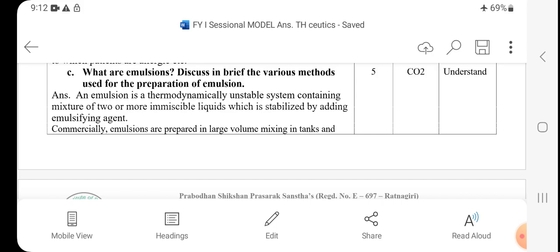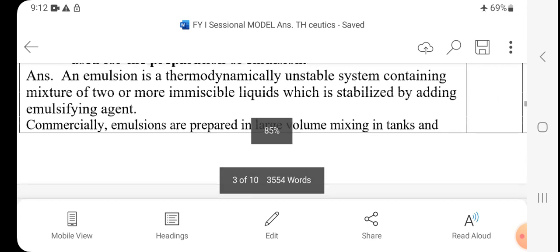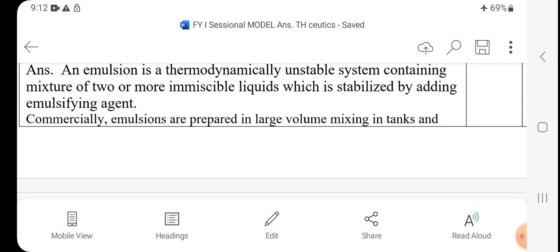In the suspension we are adding the suspending agent, that is agar, tragacanth, gum acacia. These are the suspending agents.